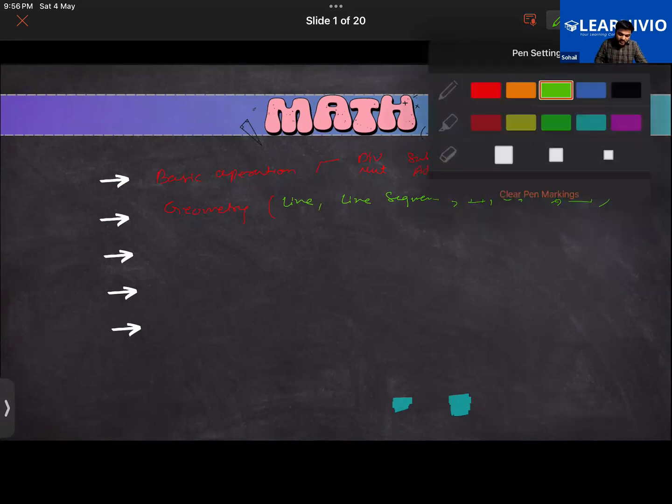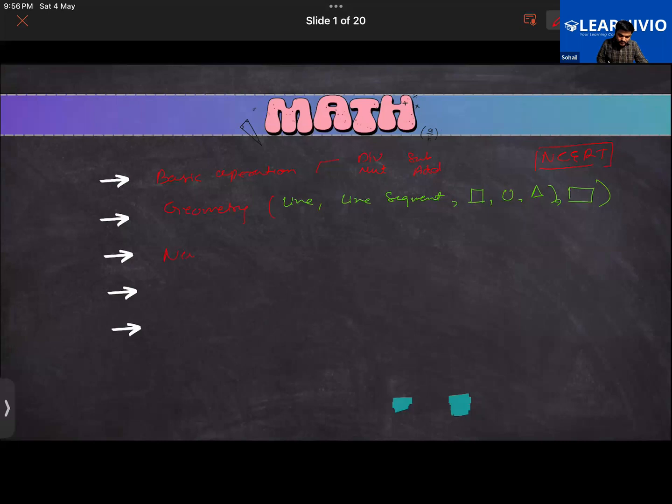Then you study numbers, different types of numbers. Here you would be studying place value of numbers. For example, I have a number, let's say 18536.